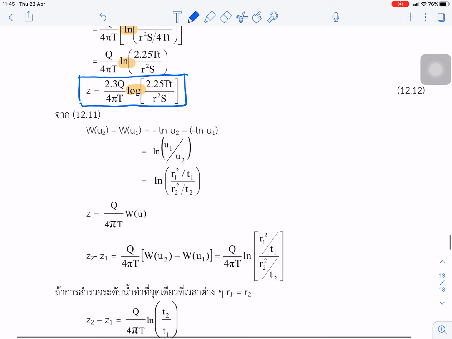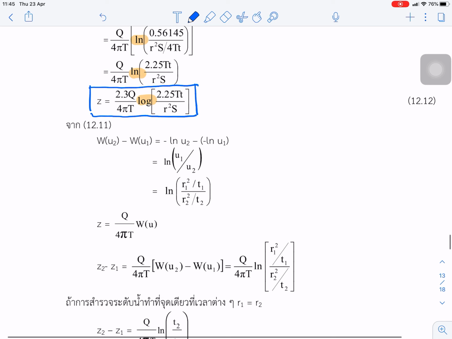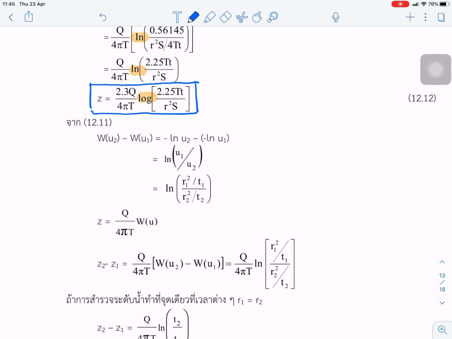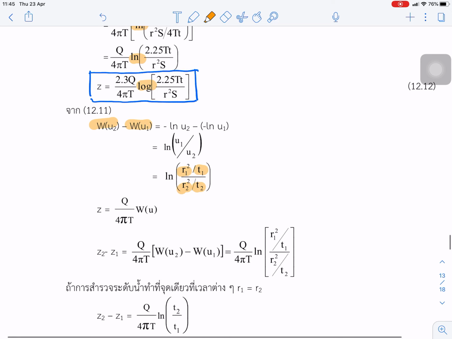Next, if you want to apply this equation for the pumping test, we start from, if you have two well functions at different times and radii, we get this equation, and the well function for two times and two radii.